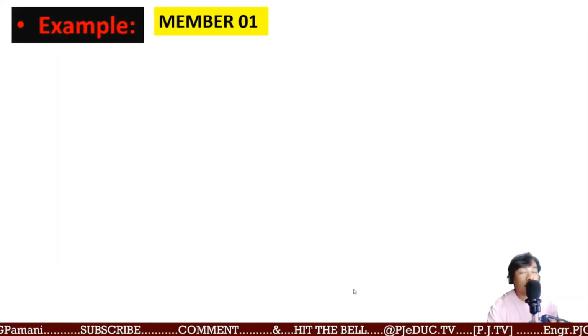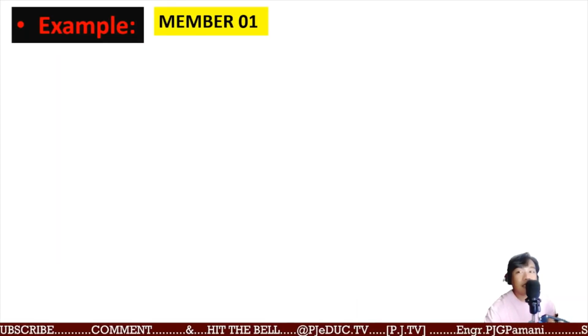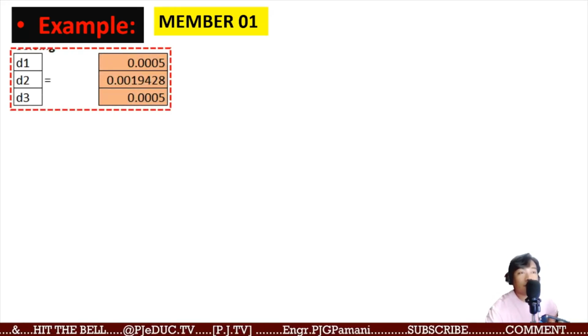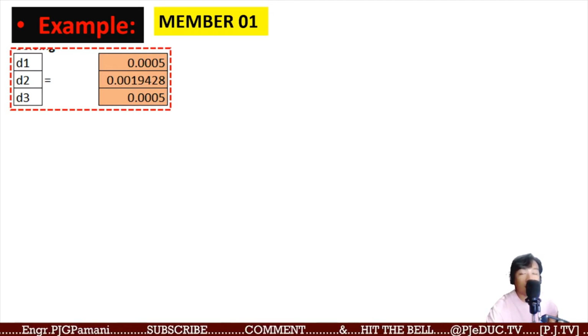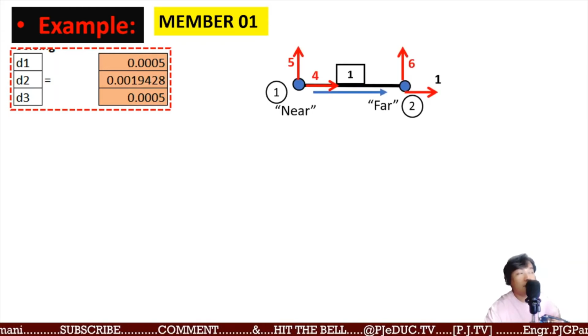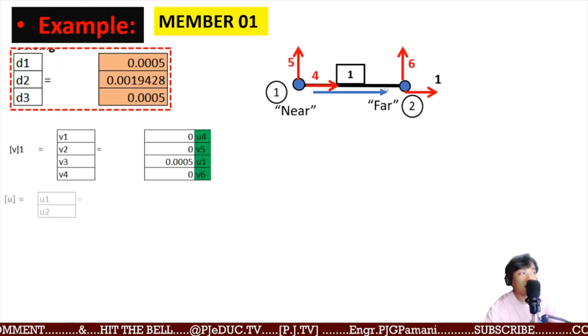Para mas madali, apply natin agad. On our given example from the last video, we have already solved the deflection on directions 1, 2, and 3, as shown. Member 1 has near and far nodes 4, 5, 1, 6.